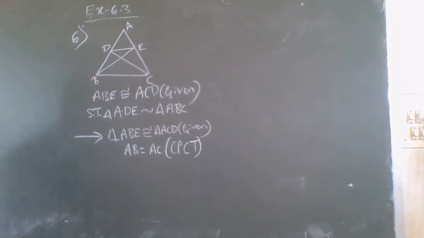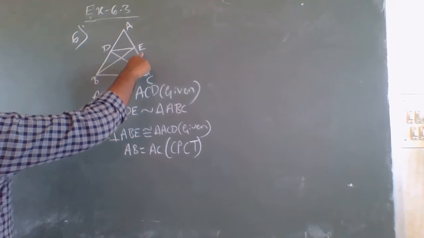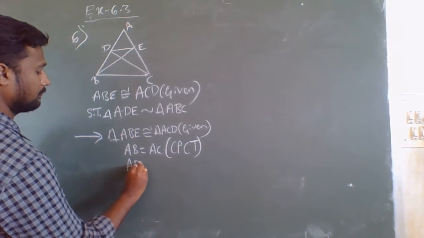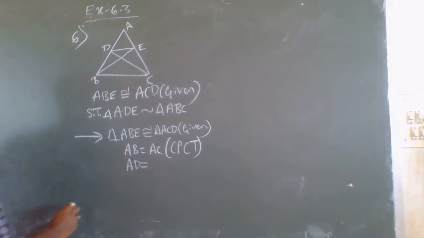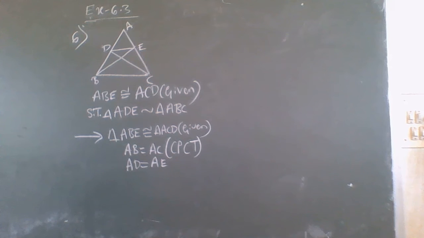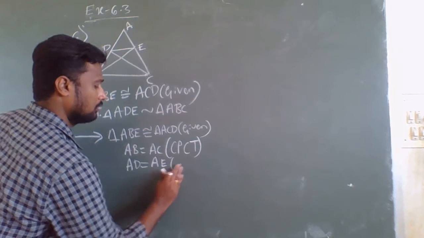Now again, you can say that AD is equal to AE. This is also CPCT.